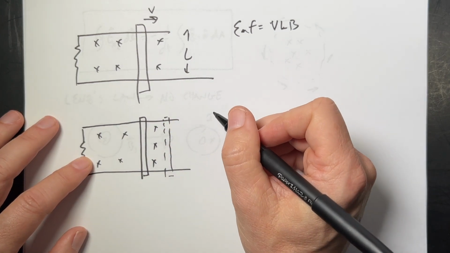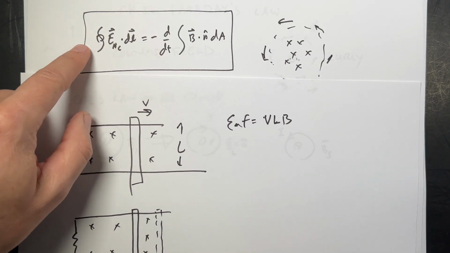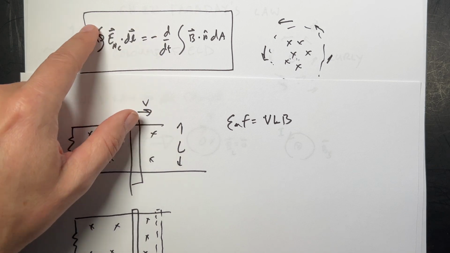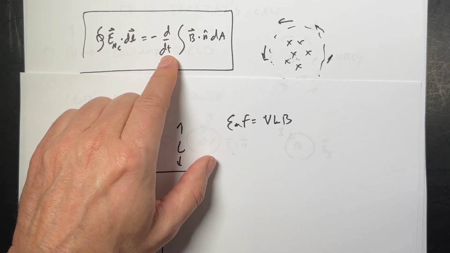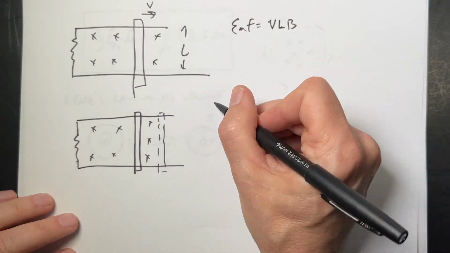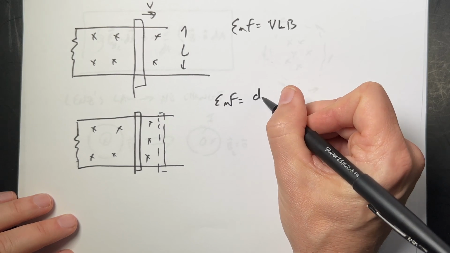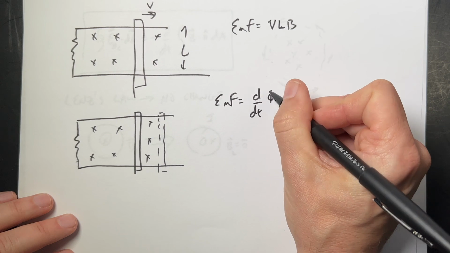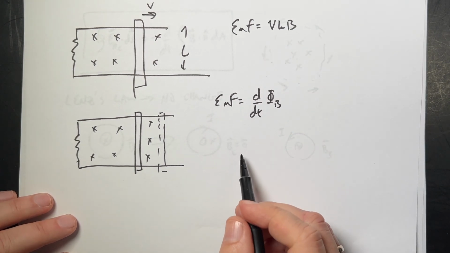So one way to write Faraday's law is to say this is EMF, right? That's the non-Coulomb EMF. That's the flux, and that's the rate of change of flux. And we're just going to deal with the magnitude for right now, but I can write this as EMF is going to be equal to the derivative with respect to time of the magnetic flux. That's the same thing. That is Faraday's law.